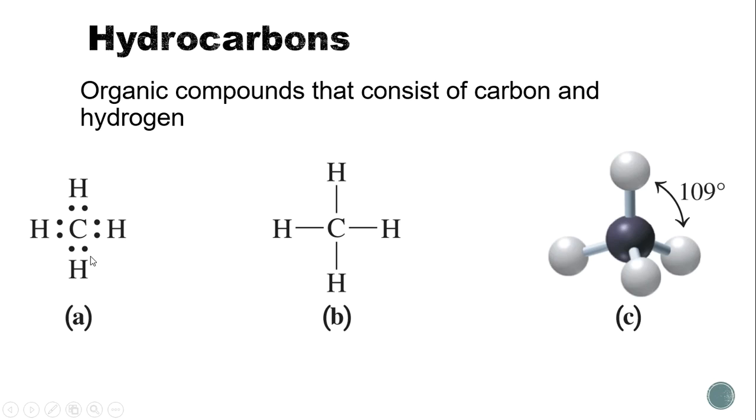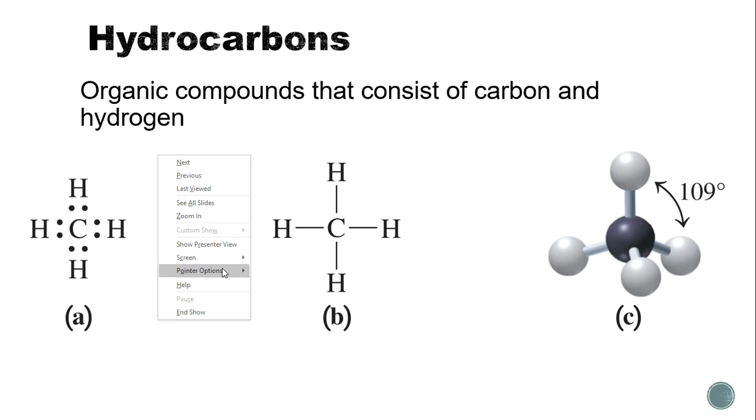So here we see multiple ways to show different structures. Here we see our dot structure. These electrons are being shared between hydrogen and carbon, and we draw them as dots.